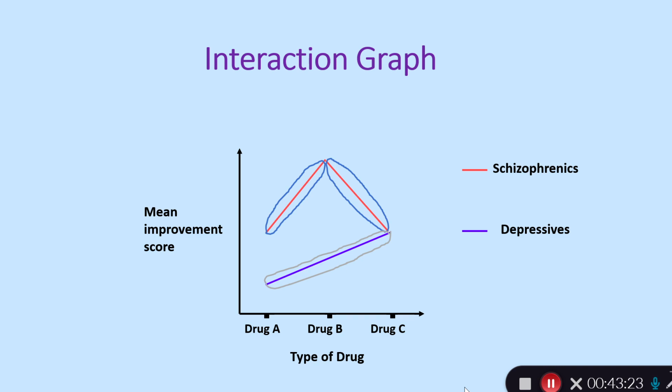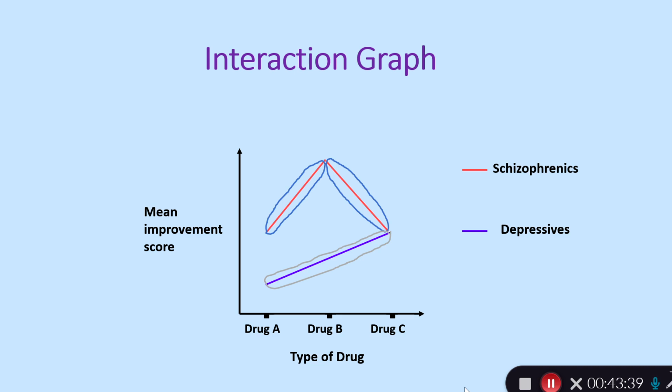So what we're going to do is take each problem type one at a time. We're just going to start with 3 data points, the 3 means for schizophrenics on drug type.